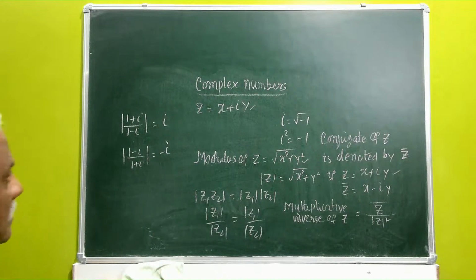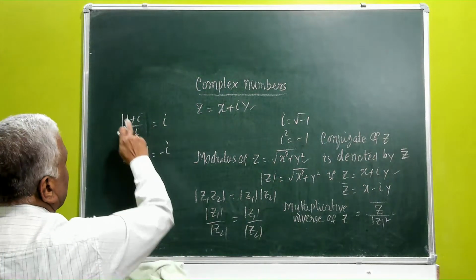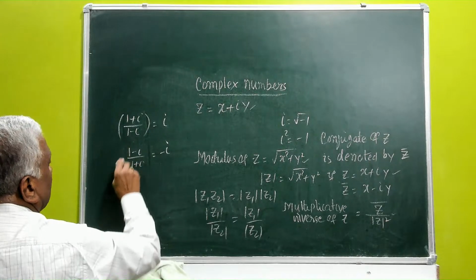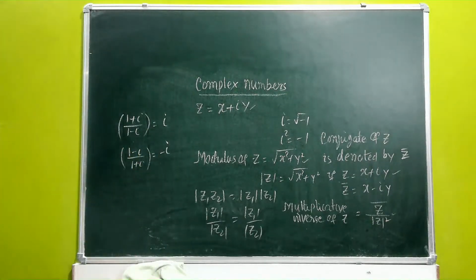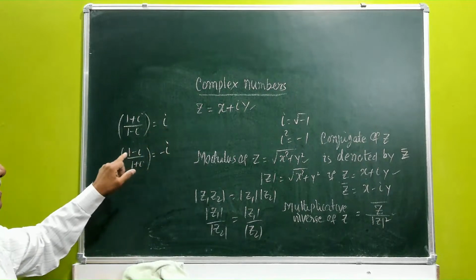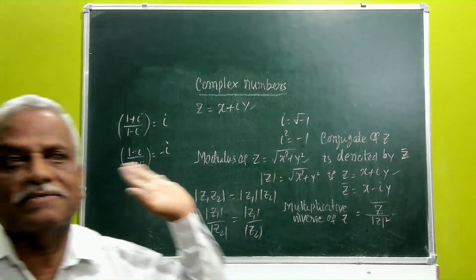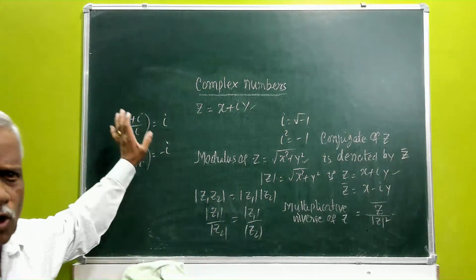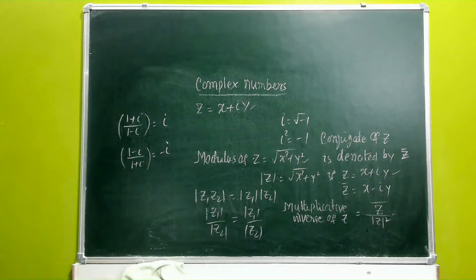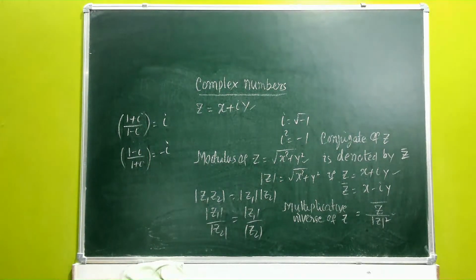In fact, you can remember it like that: 1 plus i by 1 minus i is i, 1 minus i by 1 plus i is minus i. This will help you a long way in simplification, in many problems, especially those asked in CET. So let's start with the first problem that I have listed.